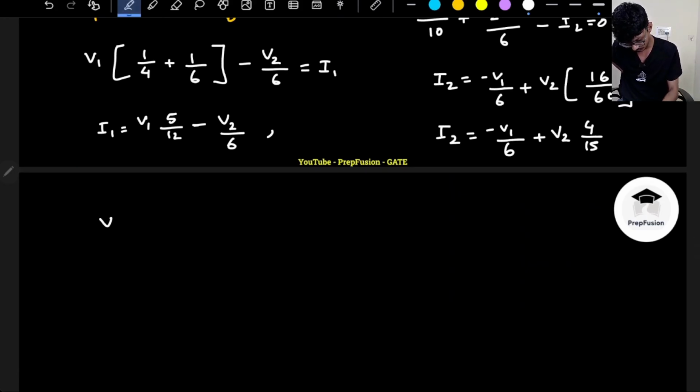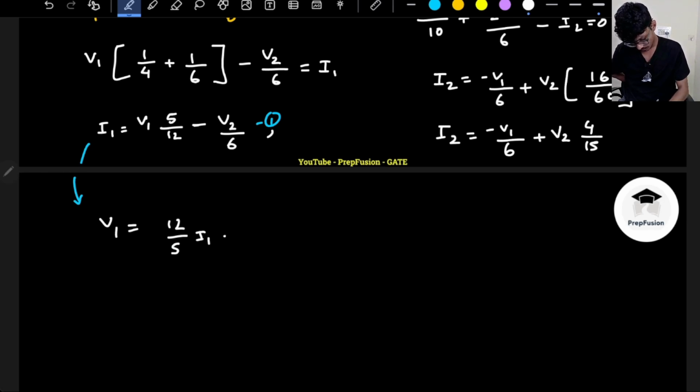So from this equation 1, V1 is equal to, I will multiply by 12 divide by 5, so this will be 12 by 5 I1 plus 2 by 5 V2. Okay, so this is the first equation.